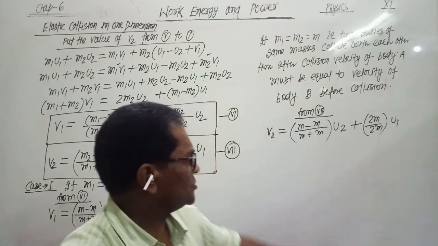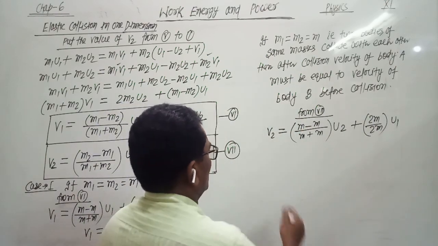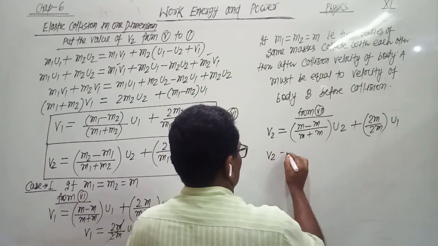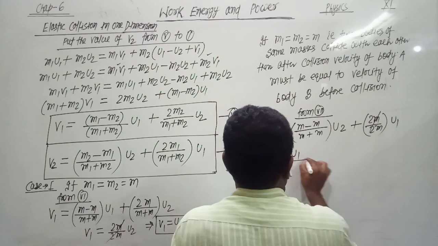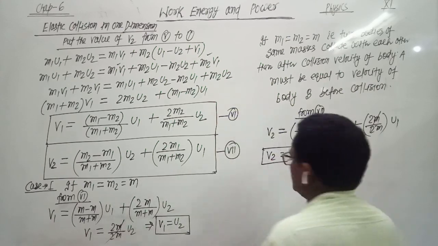This term becomes 0, since m minus m is 0. So we get v2 equals 2m upon 2m, and 2m and 2m cancel.